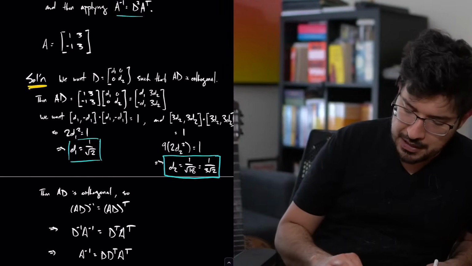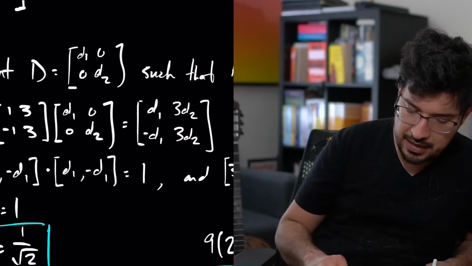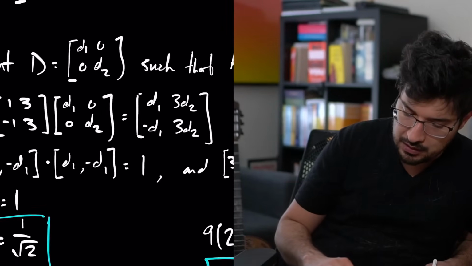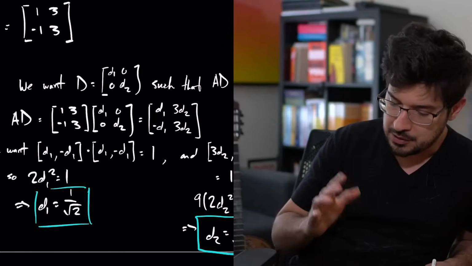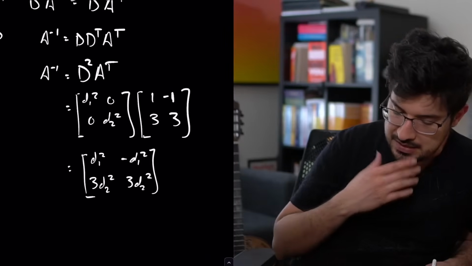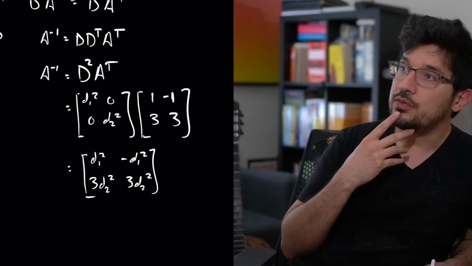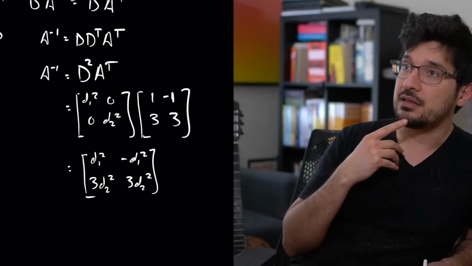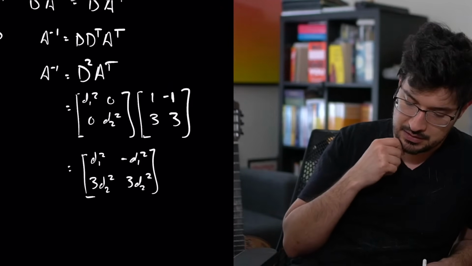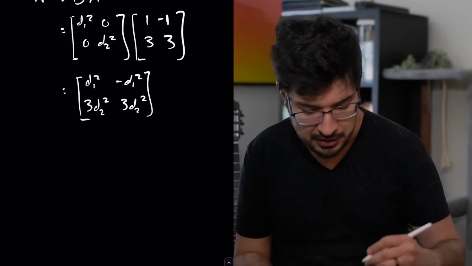Oh, if you multiply by the diagonal matrix on the right, then D1 multiplies the columns. The column vectors are multiplied by D1. But if the diagonal matrix is on the left, then you multiply the rows by those diagonal entries. Okay, so that's the difference. I was like, this didn't match the pattern from before.